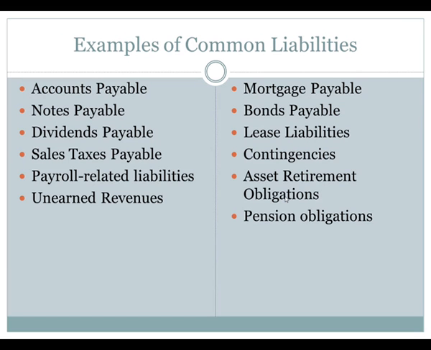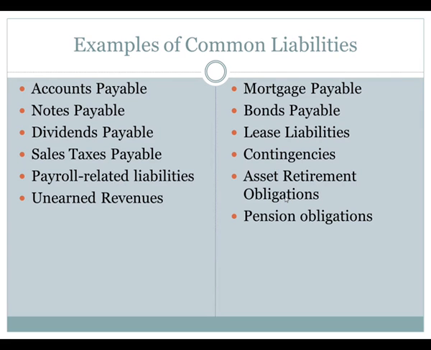So unearned revenues is another example of a liability, though it's typically not satisfied by the use of cash. Other types of liabilities: mortgages payable, bonds payable, lease liabilities, contingencies, asset retirement obligations, pension obligations.